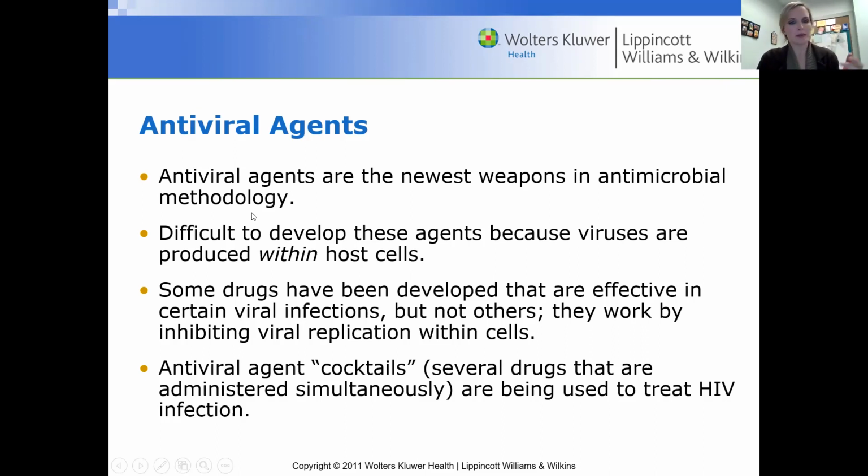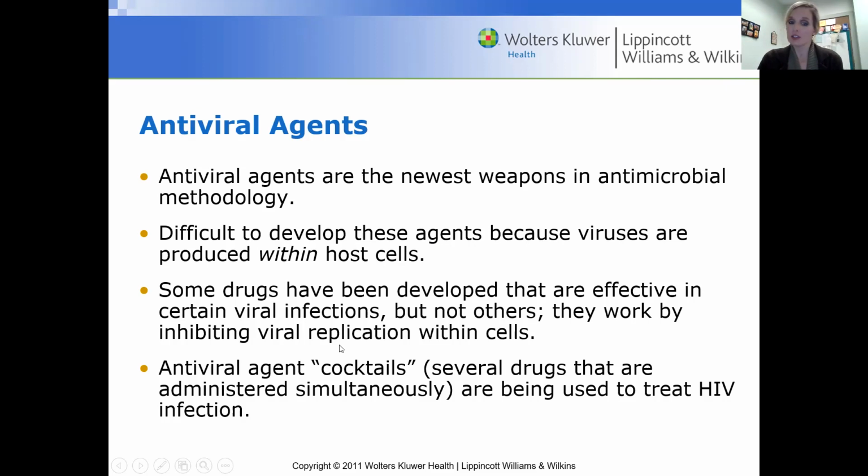Again, sometimes antivirals are difficult to develop because viruses are produced within host cells, so it's hard to really target those viruses. Some drugs have been developed that are effective in certain viral infections, but not in others. They typically work by inhibiting the viral replication in the cells.